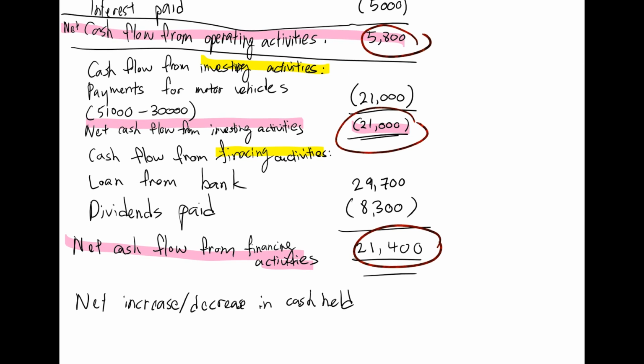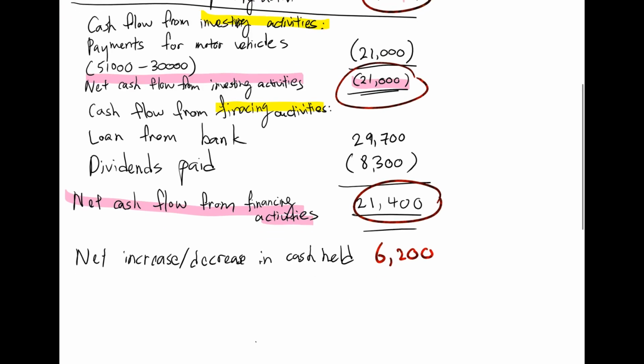So if you add these three up, you will get 5,800 minus 21,000 plus 21,400, which is equivalent to 6,200. Okay, so this 6,200 is a positive figure, so this will be a net increase in cash held. So you need to rub off the decrease or just strike off the decrease part.